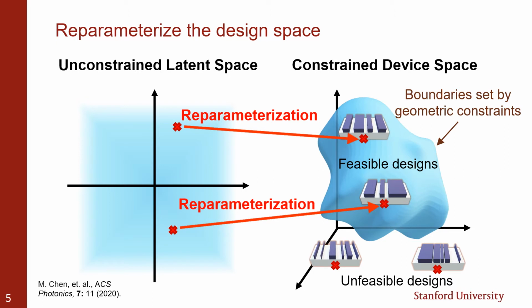These devices are evaluated and optimized in this physical device space, and modifications to these devices are mapped back to their latent representations. Now I will briefly introduce how this reparametrization can be incorporated into the conventional topology optimization.